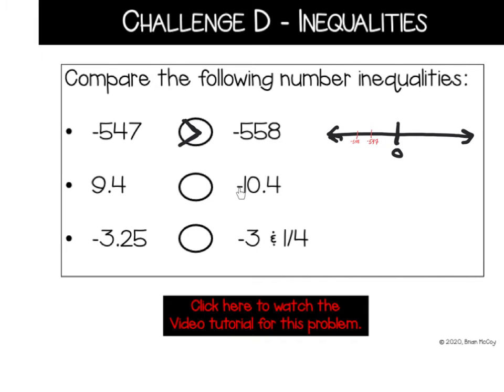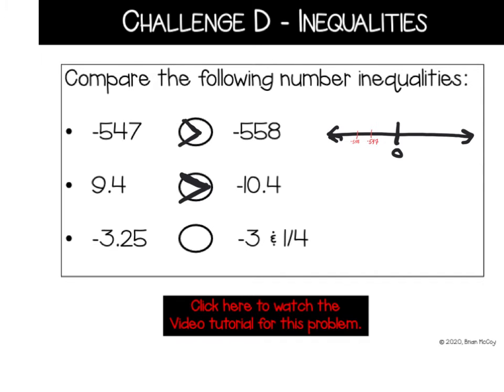But it is in the negative, whereas this number is in the positive. So 9.4 is definitely greater than negative 10.4. So I'm going to make the greater than sign once again. Superb. And let's move on to this last problem, negative 3.25 and negative 3 1/4.